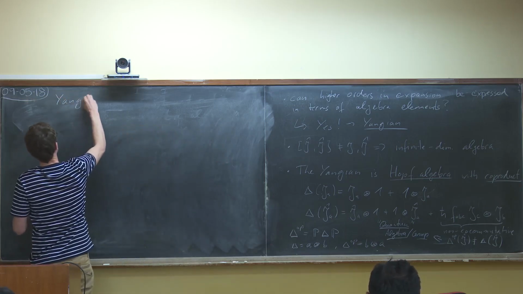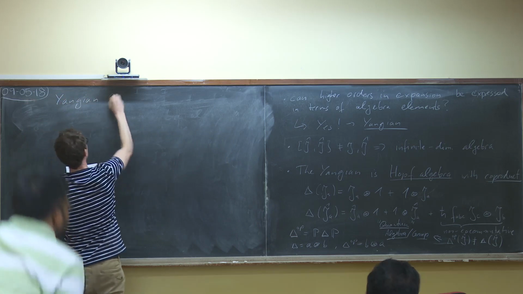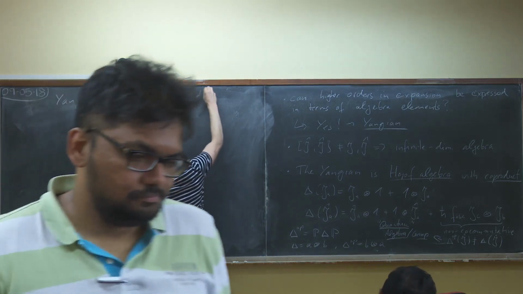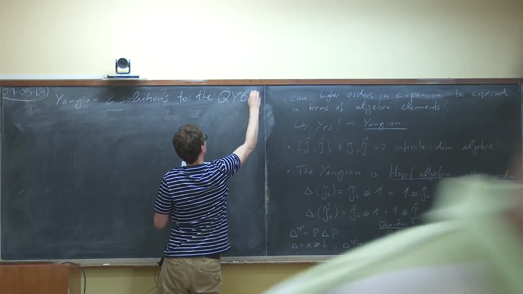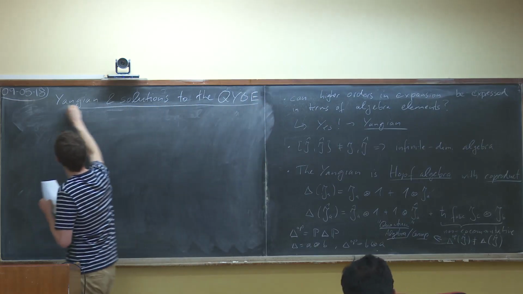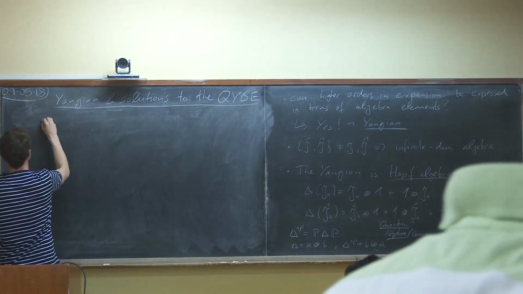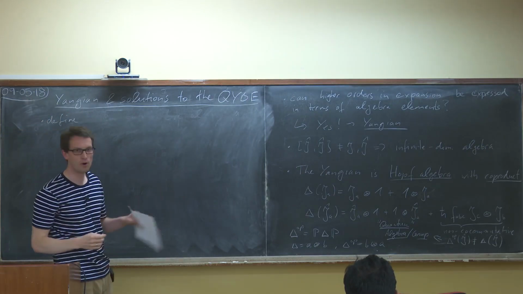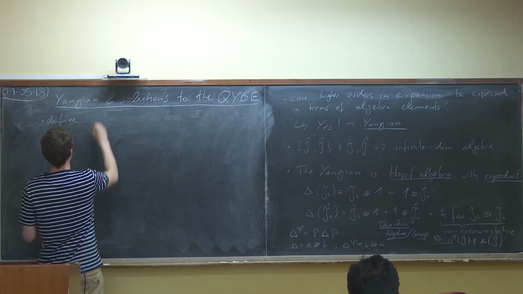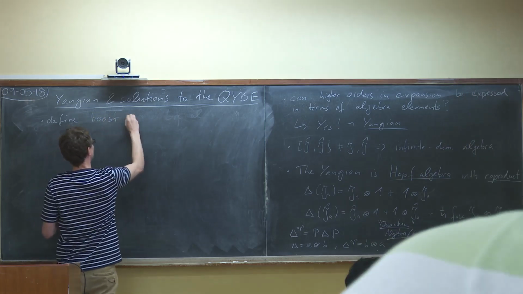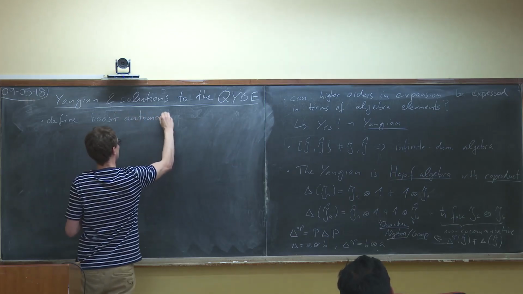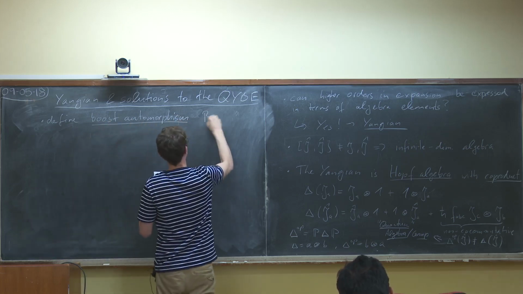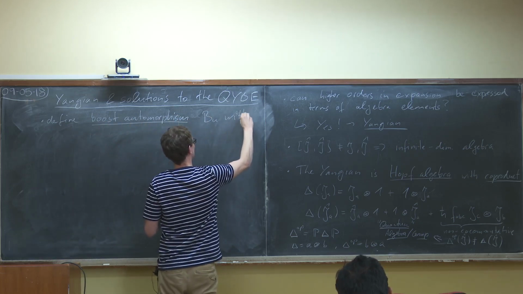Okay, so this is what Drinfeld defined, and let me now tell you in a bit more detail why he did this in the context of the quantum Yang-Baxter equation. For this, I want to define a certain automorphism of this Yangian algebra, which I call the boost automorphism, and I call it B_u.